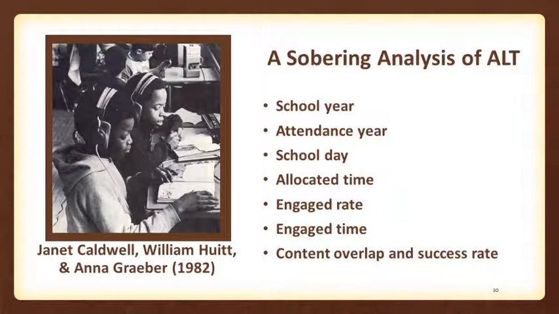The attendance year. Most students don't come to school all the time. Sometimes they're sick, sometimes they're on vacation, sometimes they just decide to cut school. So the attendance year tends to be less than the school year. In fact, they found that the attendance year varied from about 150 days to 170 days.